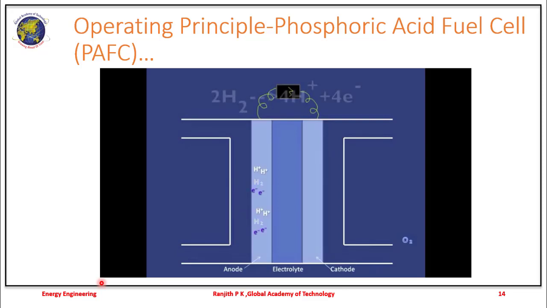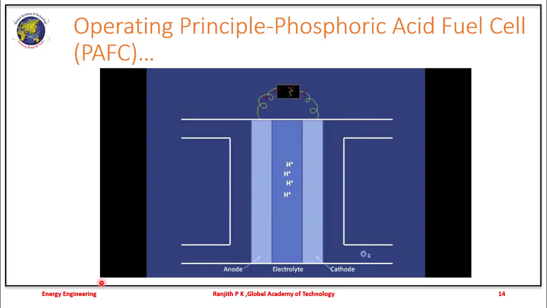The anode is made of porous carbon, which also contains small amounts of platinum. The platinum acts as a catalyst that causes the hydrogen atoms to split into H+ ions and electrons. The electrons will begin to move towards an external circuit, while the hydrogen ions will move through the electrolyte towards the cathode.